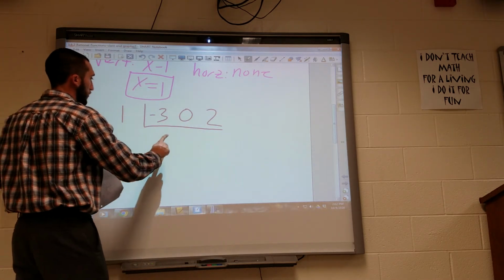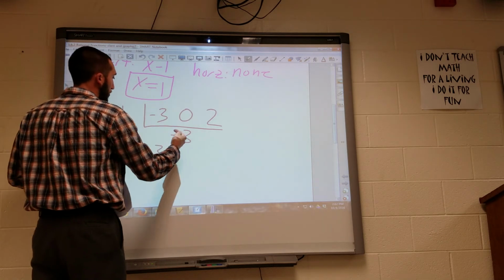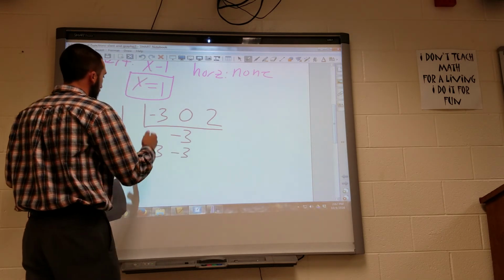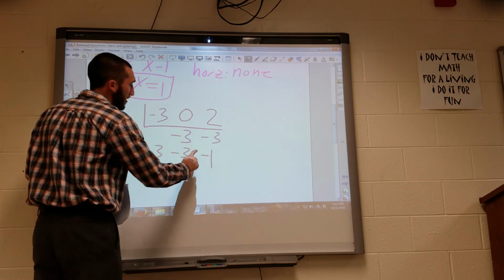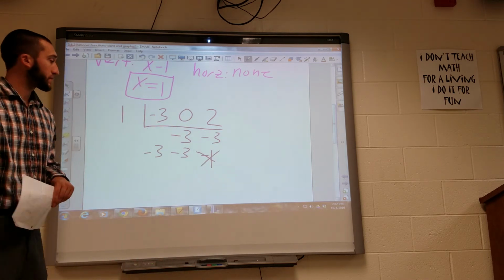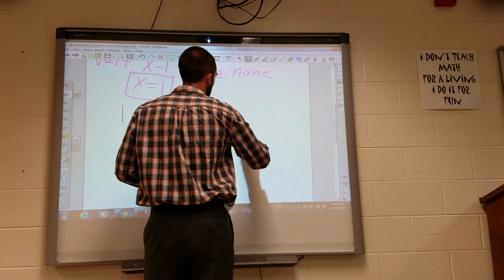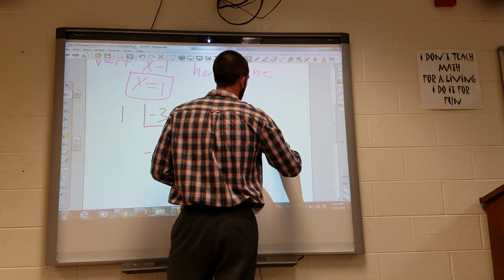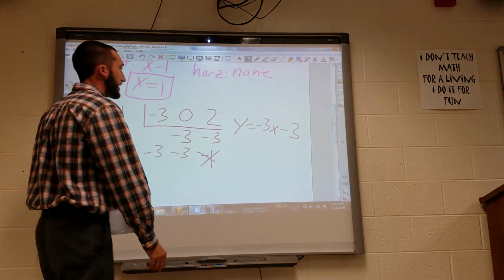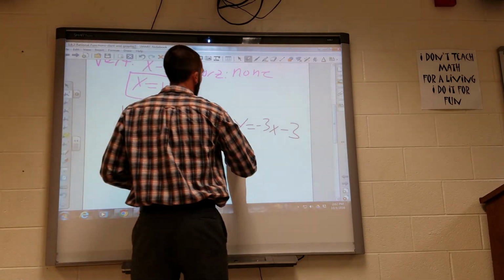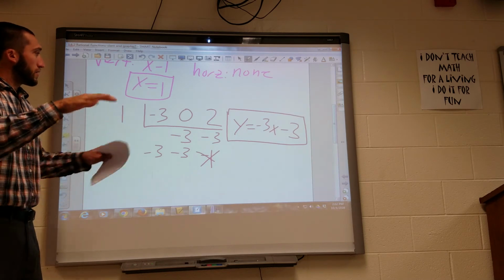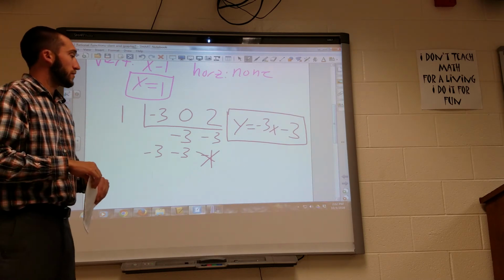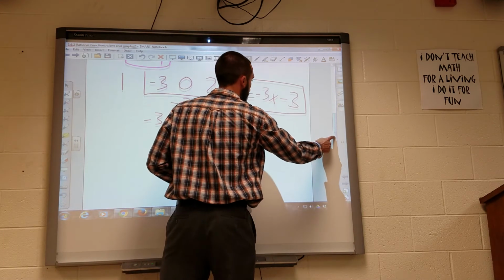Negative 3 times 1, negative 3, 0 plus negative 3, and 1 times negative 3 with a remainder of negative 1, but we're not worried about the remainder. This means we have a slant asymptote of y equals negative 3x minus 3, and now I've got all of the information I need to do my sign table.